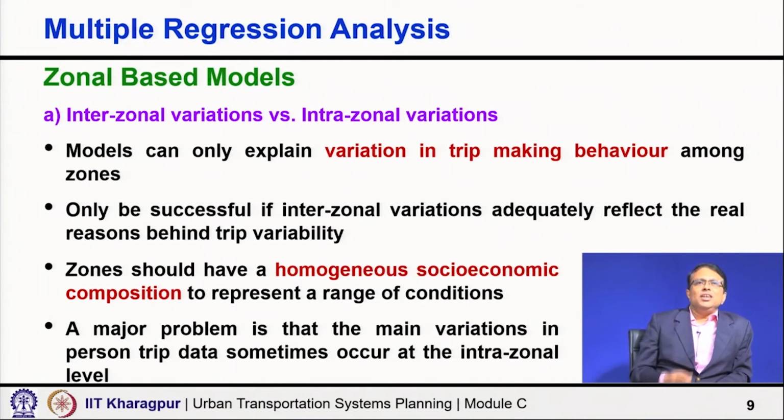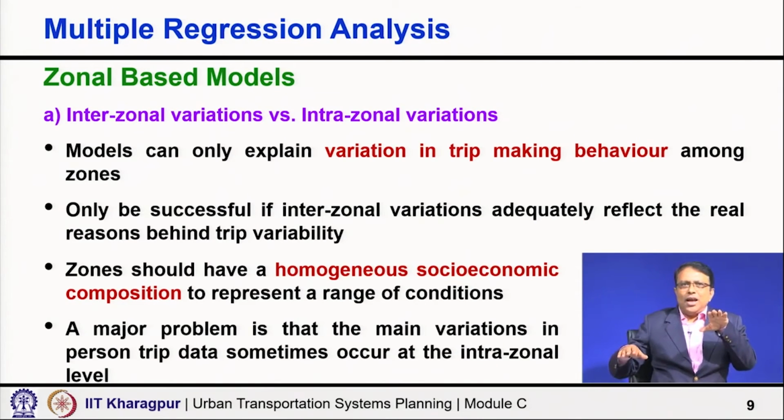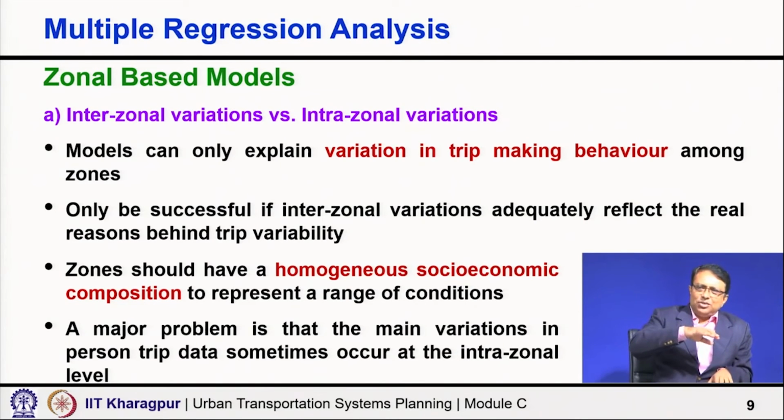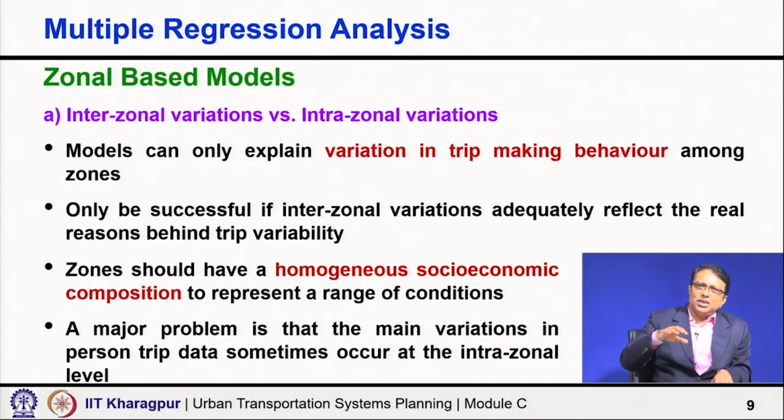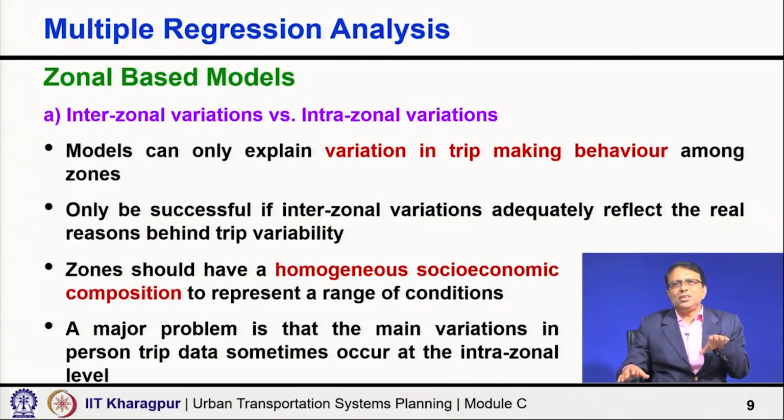First, interzonal variation vis-a-vis intrazonal variations. What is the model giving us? This zone has a higher number of trips than that zone, and the income in this zone is higher than the income in that zone, or the population density here is higher than the population density there.